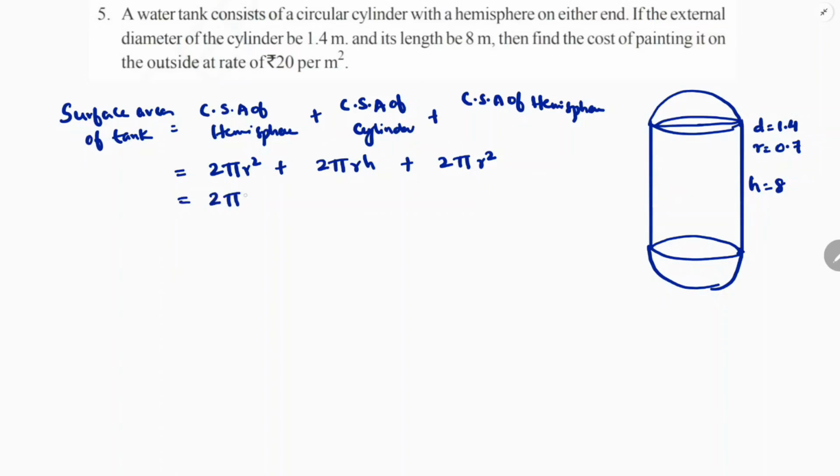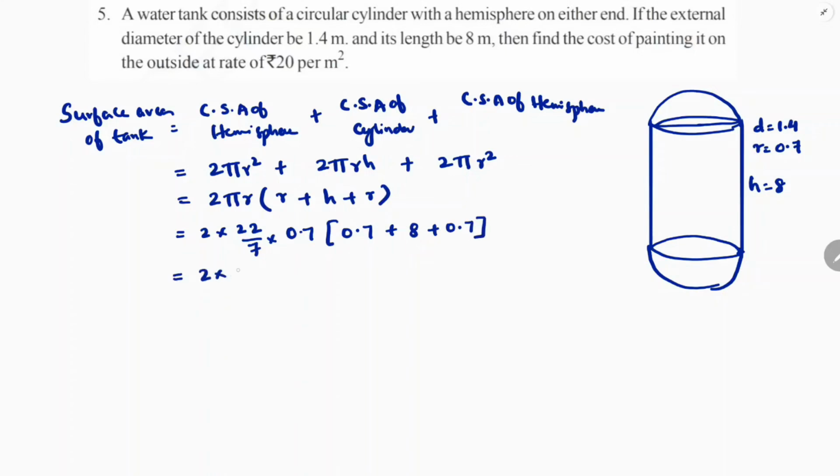So taking 2 pi r common, 2 pi r (h plus r plus r). So now here 2 into pi value is 22 by 7, radius is 0.7, height is 8 plus 0.7.